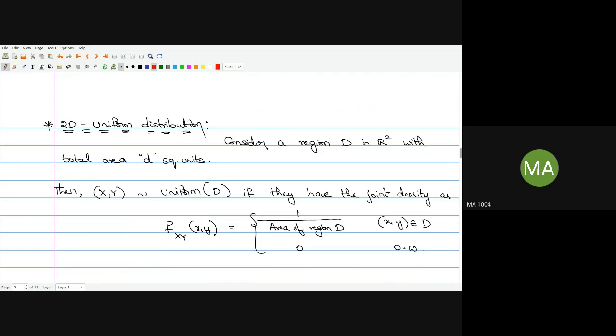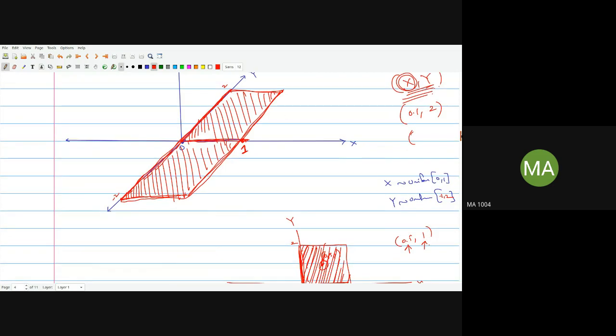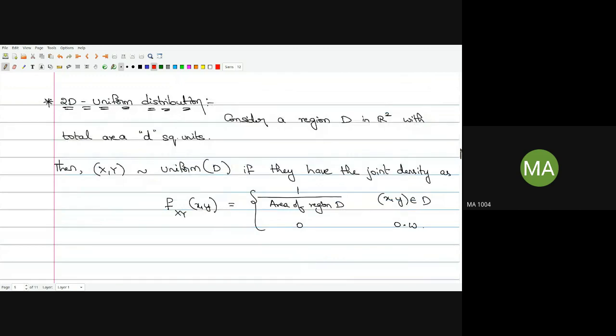So consider a region D. Let's suppose this is our region D. In this region, I say x comma y is uniformly distributed if they have the joint density fxy of x comma y equal to 1 by area of region D when x comma y belongs to D, and 0 otherwise.